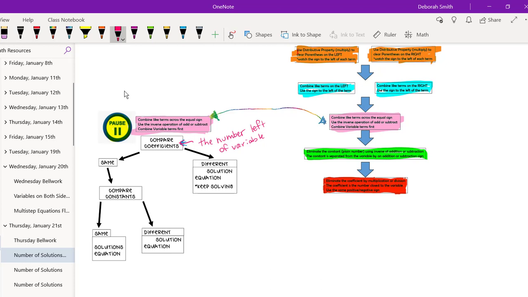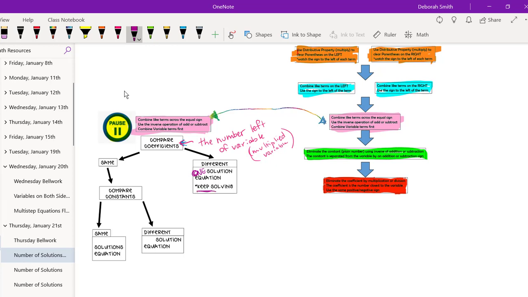It's multiplying the variable. Okay. I can compare my coefficients. Now, if my coefficients are different, that will be a one solution equation.